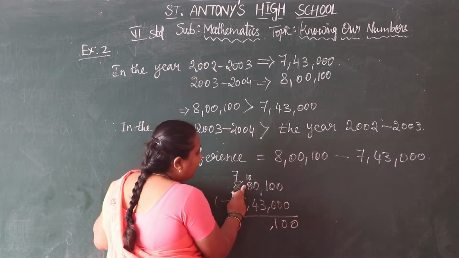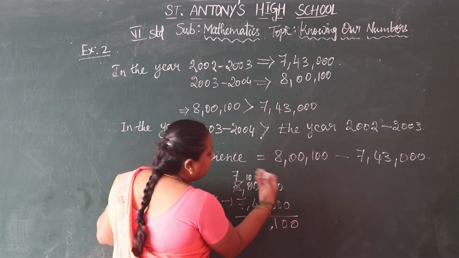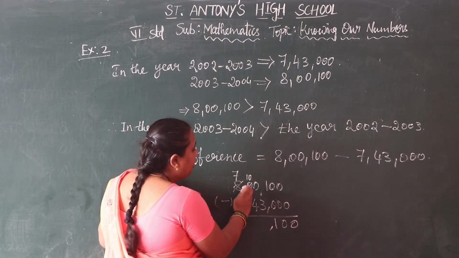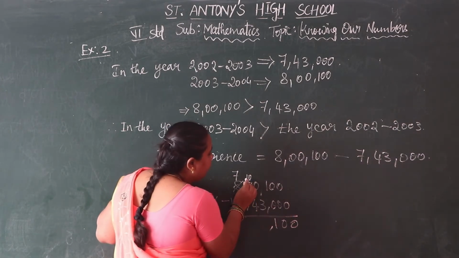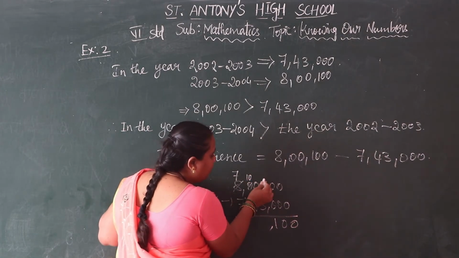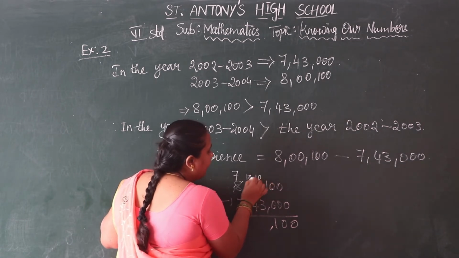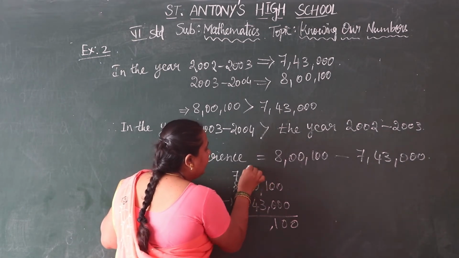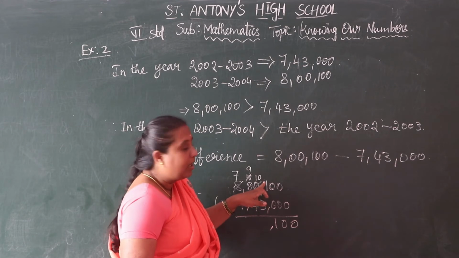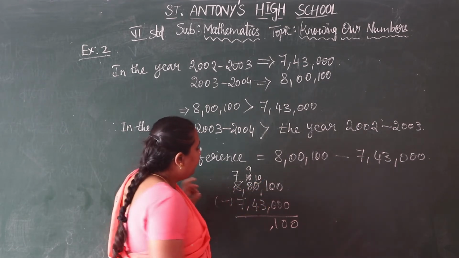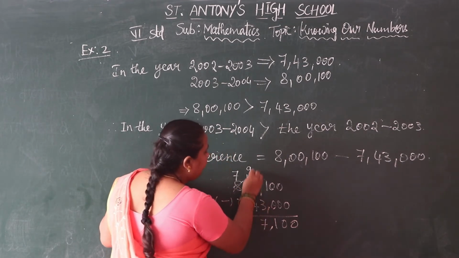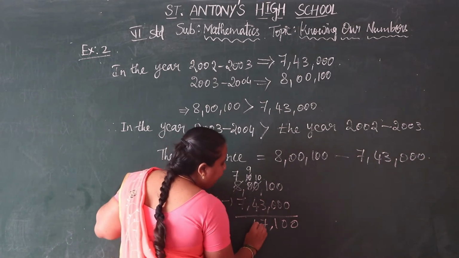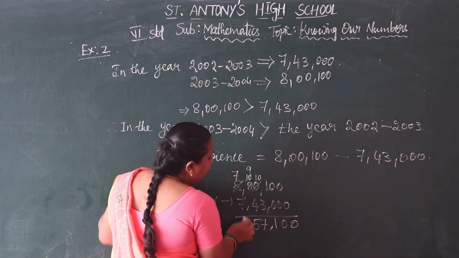Here it is 10, but we want to borrow from another number. From this 10 we are giving 1 to the other number, so here it is 10 and here 10 minus 1, 9. Understood, children? So 10 minus 3, 7. 9 minus 4, 5. 7 minus 7, 0.